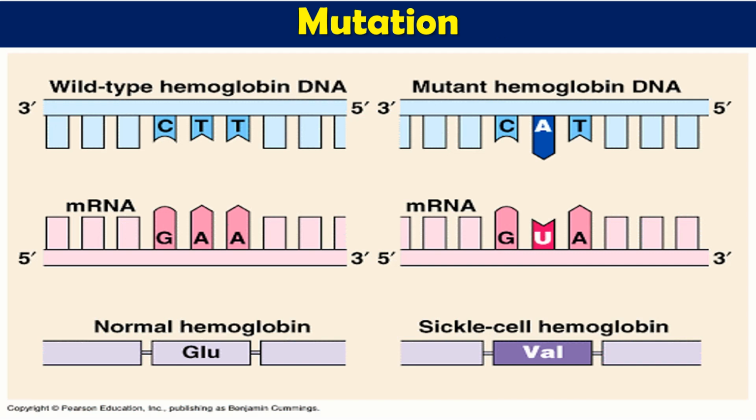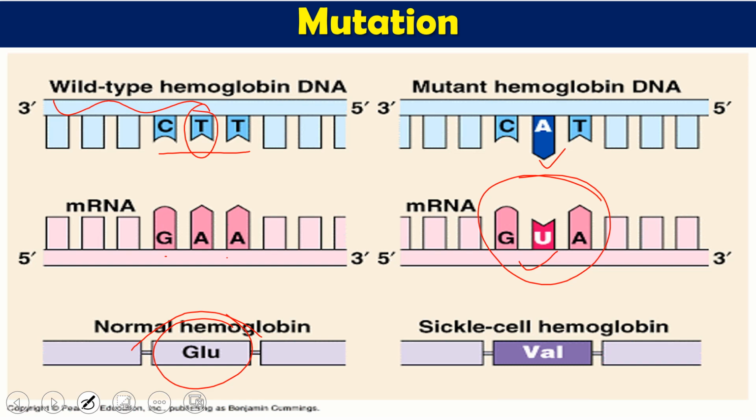Now you can see here, this is an example where this is the genetic sequence, genetic code, where CTT, cytosine, thymine, and thymine, is there. This CTT in the DNA will be coded into the messenger RNA in the form of GAA, and normally it codes a protein where glutamic acid is there. But if this middle T is modified into A, this single nucleotide modification is going to affect its messenger RNA, because this messenger RNA now has the genetic code GUA, which is responsible for valine.